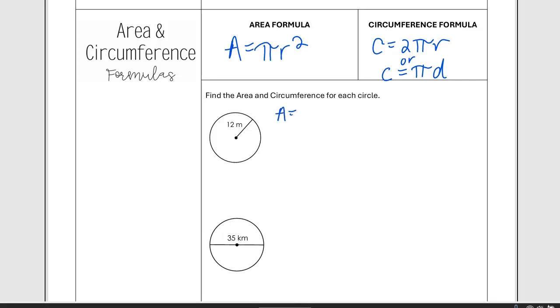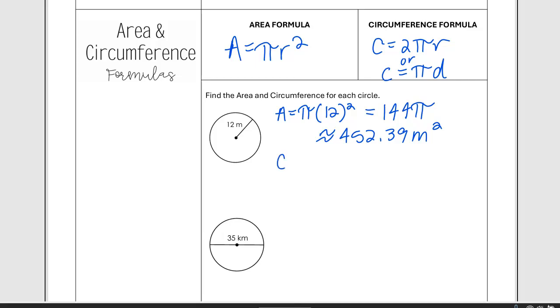So our area, we just put into our formula, is pi times our radius of 12 squared. That means we can write it as 144 pi. And if we put it into our calculator, we're going to get 452.39 meters squared. That area, your unit of measurement, will always be squared.